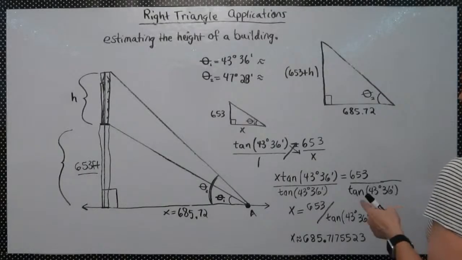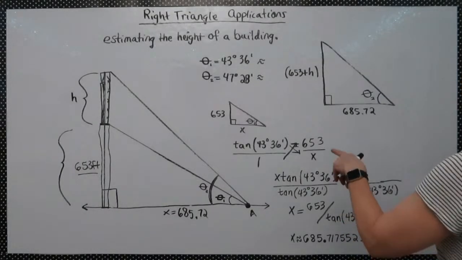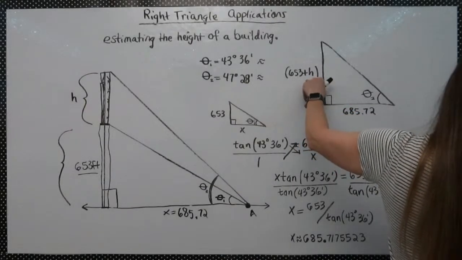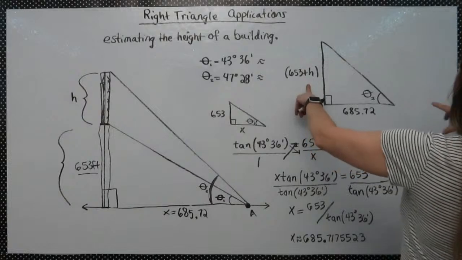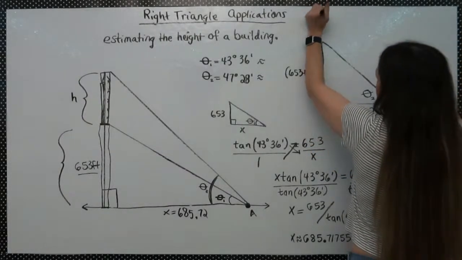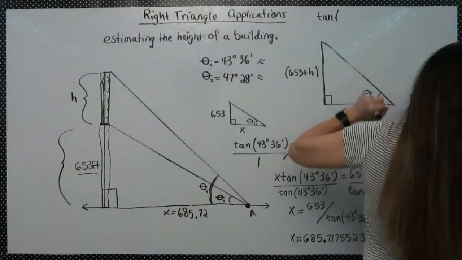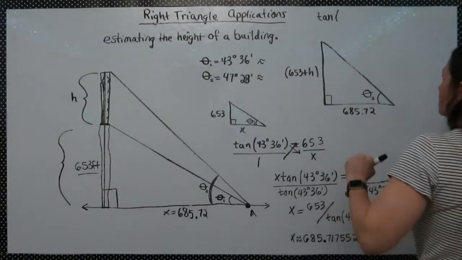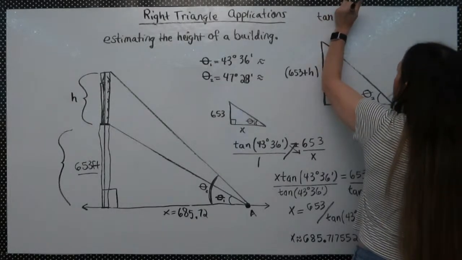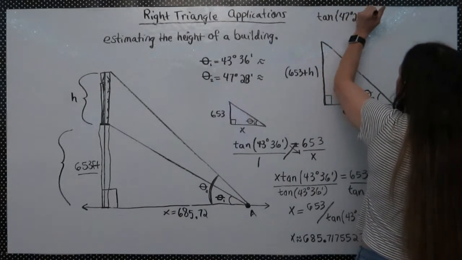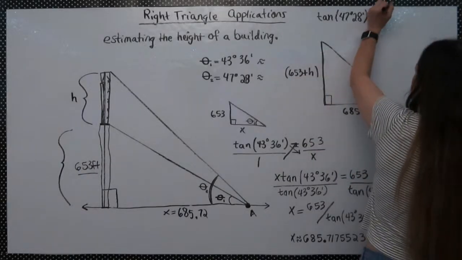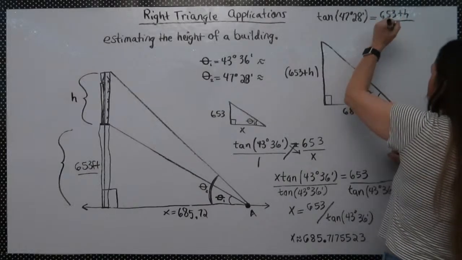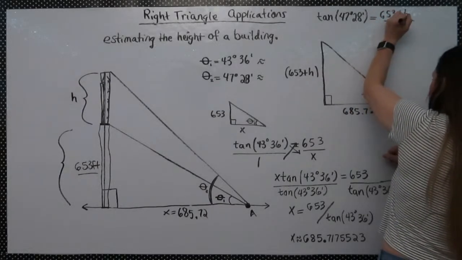So when we write our equation now, we're going to use tangent again. Only instead of 653, we're going to say 653 plus h. So that's what this is going to look like. We're going to say tangent of 47 degrees and 28 minutes equals opposite, which is 653 plus h, over adjacent, which is 685.72.